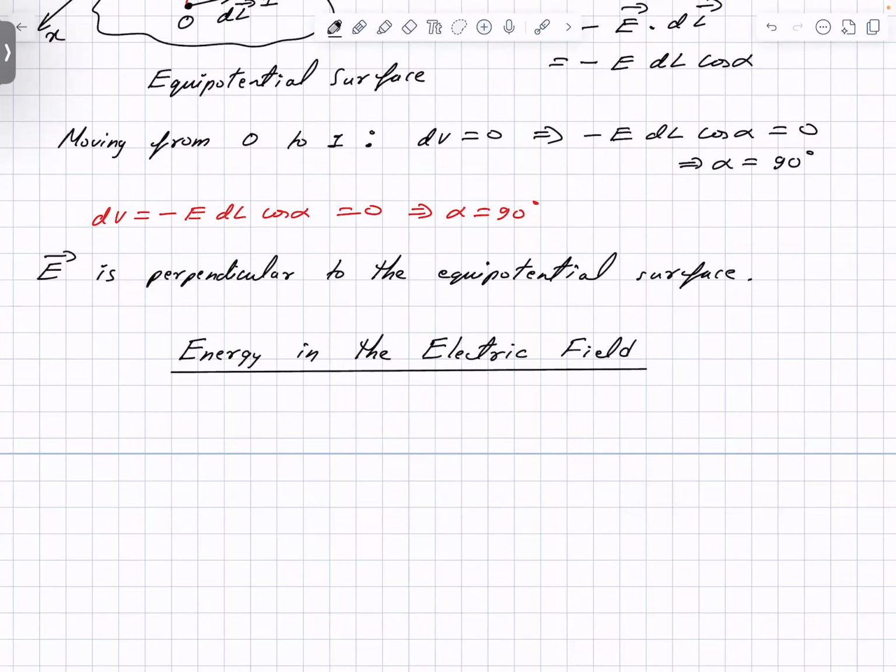From previous classes, we know that if there is an electric field in space and we try to bring a charge into that field, that charge is going to experience some force. So it will take some energy to bring a charge into a field where there is non-zero electric field intensity. Now, the question that we're asking in this final topic is, what is the energy stored in any electric field?